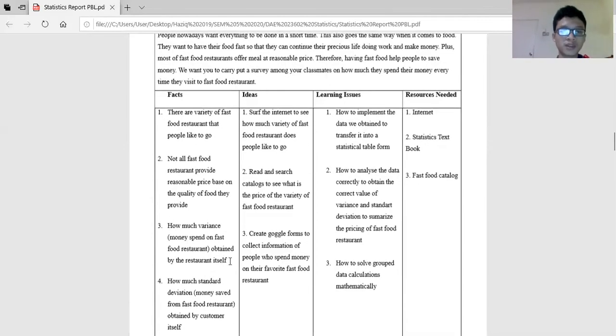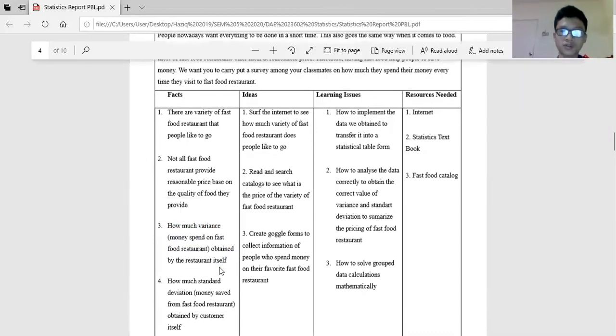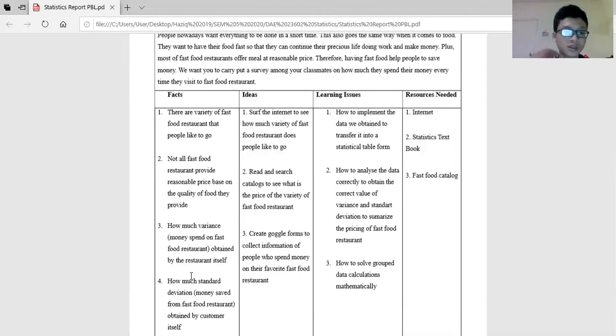And the third fact is how much variance money spent on fast food restaurants is obtained by the restaurant itself. This is the most important part. I will explain later why. The variance is how much of the respondents' money, the customers' money, goes to the owner and chef of the fast food restaurant.